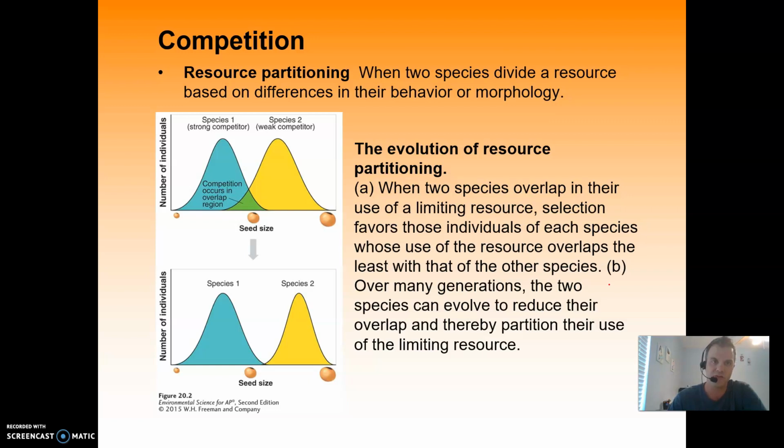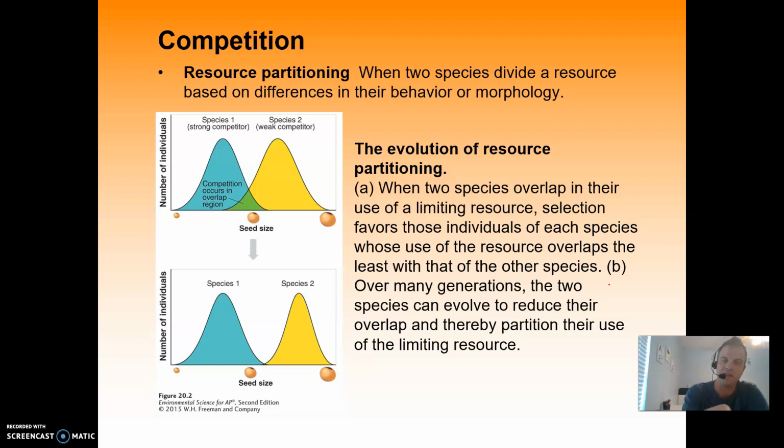Competition also includes resource partitioning. So this is where one doesn't die off. They do end up sharing a resource, but they'll divide the resource based on differences in their behavior and morphology.